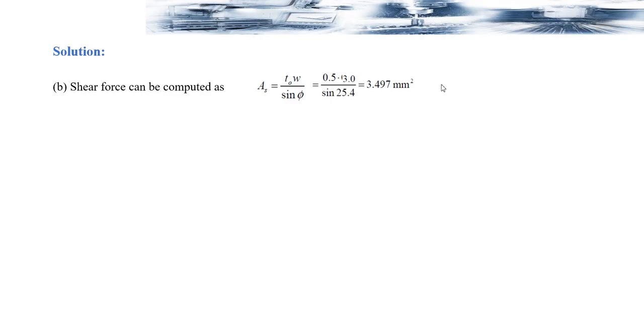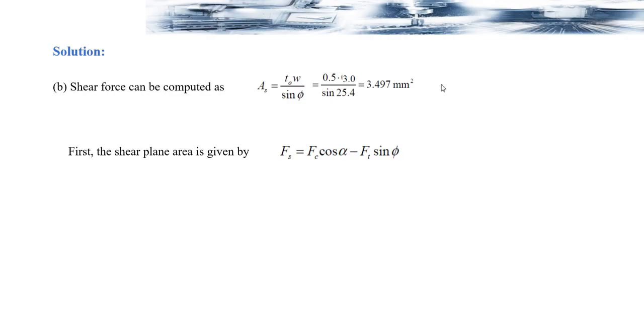Now I can use that to calculate the shear force by using one of the equations from the textbook. The shear force is given by the equation Fs is equal to Fc cosine of phi minus Ft sine of phi.